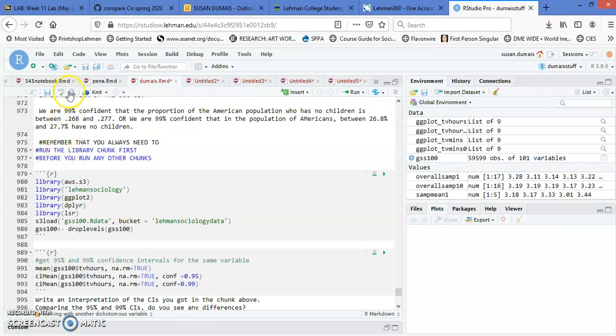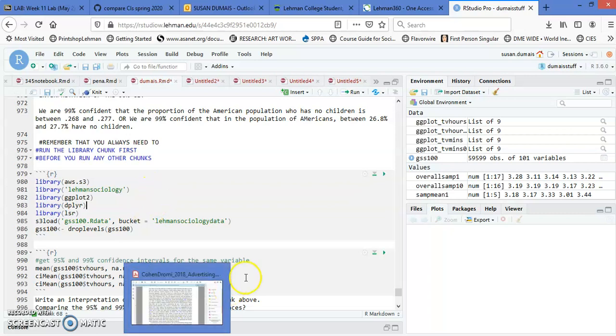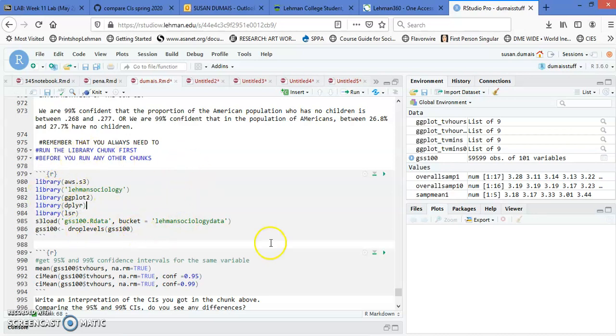So as usual, we want to run our library chunk first. There are packages in here, in particular this dplyr one and the lsr one, that if you don't have them, when you run commands for confidence intervals, it won't work. So make sure you run your library chunk.